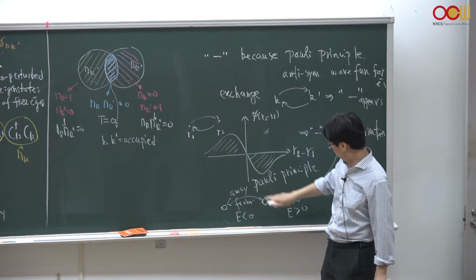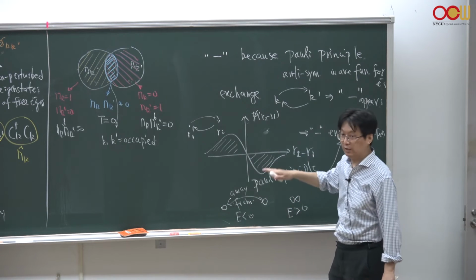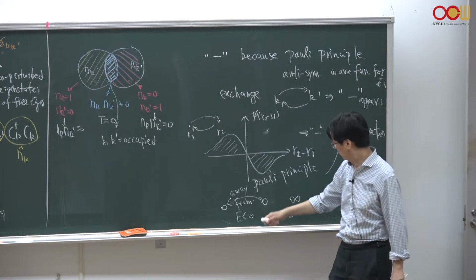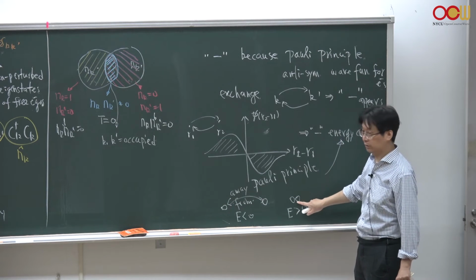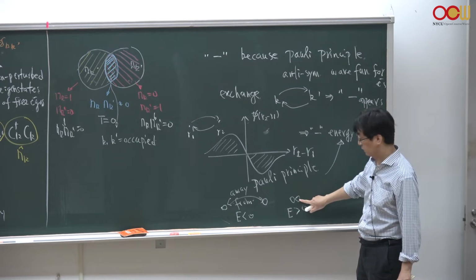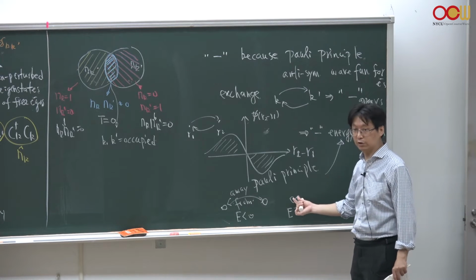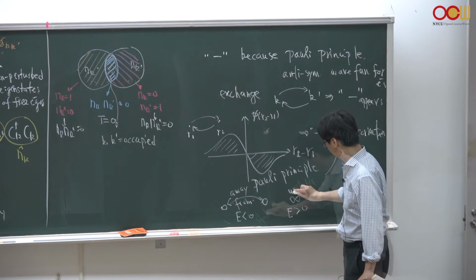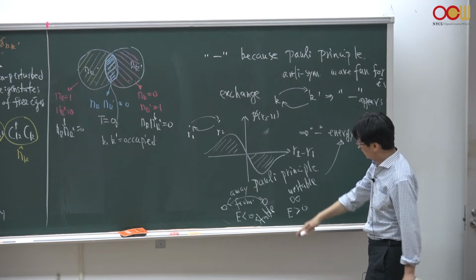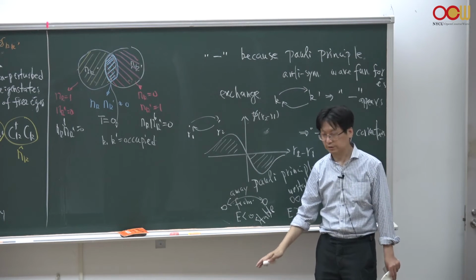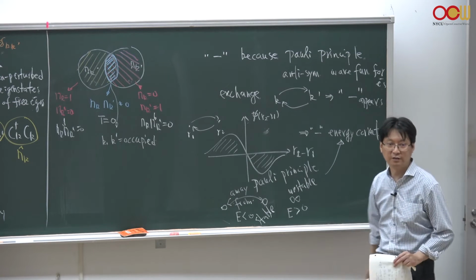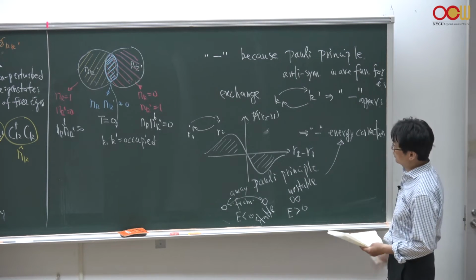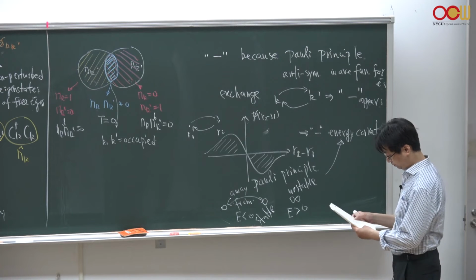Which means that their energies must be lower if they are away from each other, and the energy is higher, or unstable, if they are too close to each other. So the reason we get the minus sign is because the energy is lower by keeping them away from each other. This is a direct consequence of the Pauli principle.